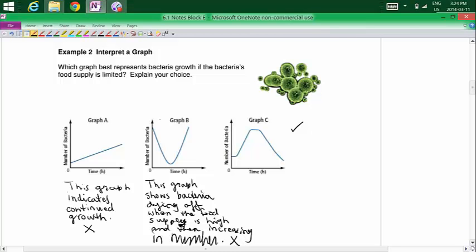So this graph shows the number of bacteria slowly growing and then growing rapidly.